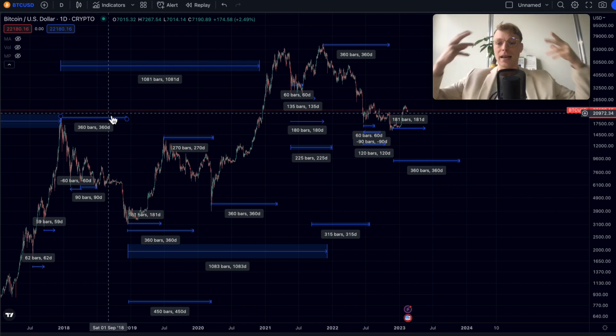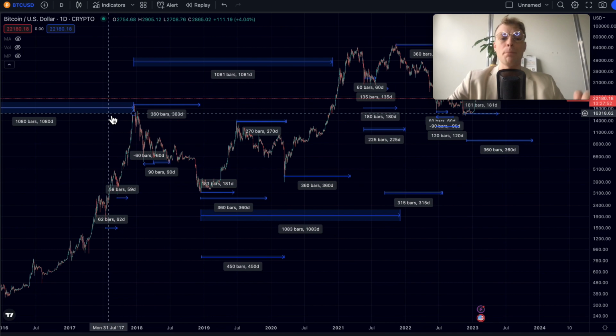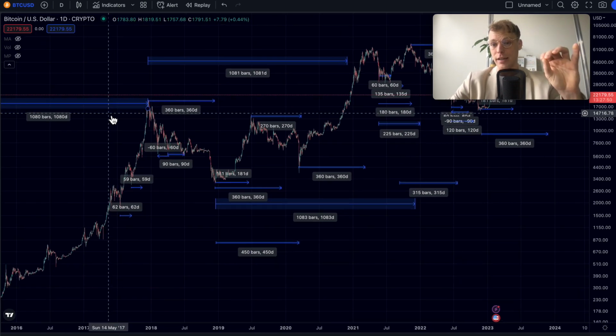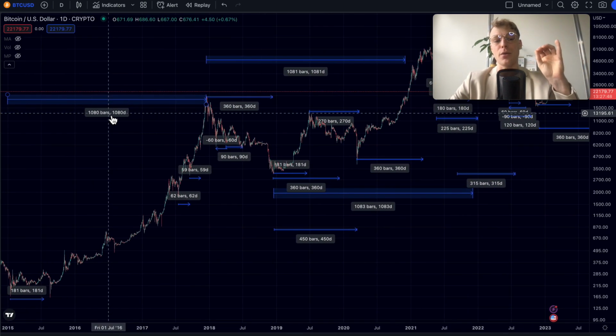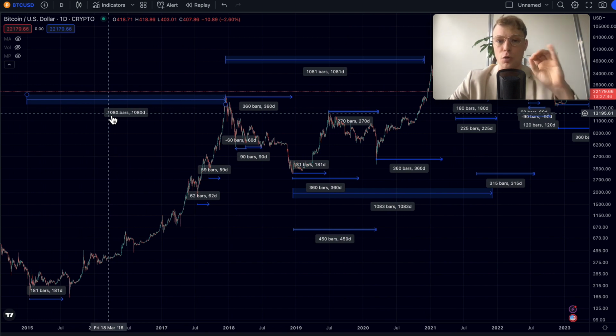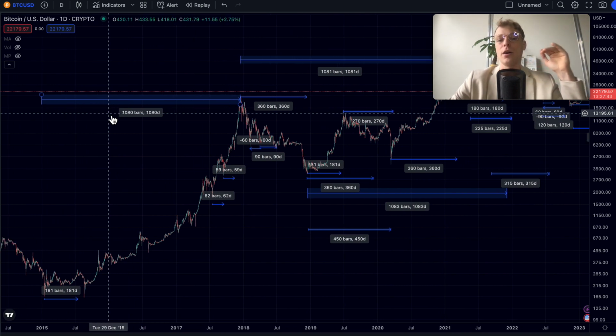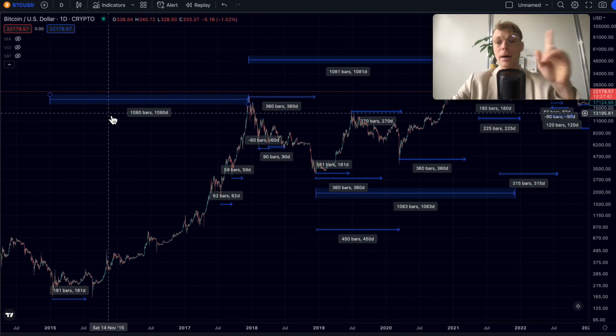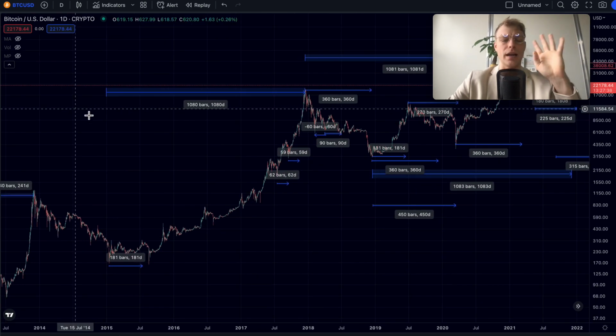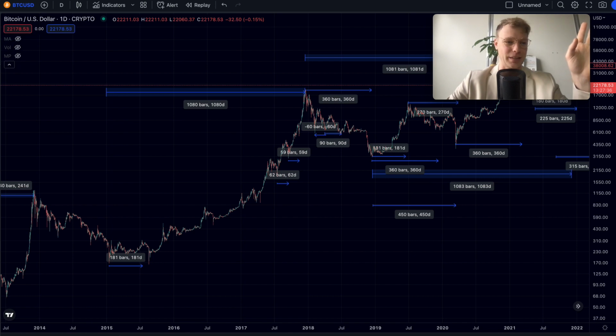And if you can analyze this based on time, you get a glimpse, an idea of what is going on. But to understand this precisely is very, very difficult, because there are so many factors influencing what is going on. But we can use this to our advantage, and I will explain why after I'm done showing these cycles.